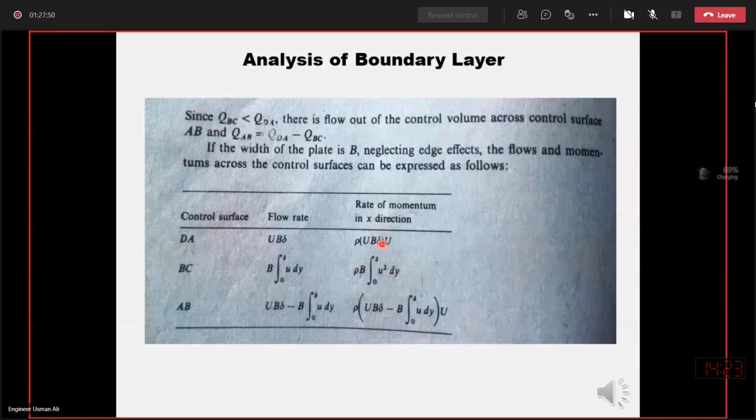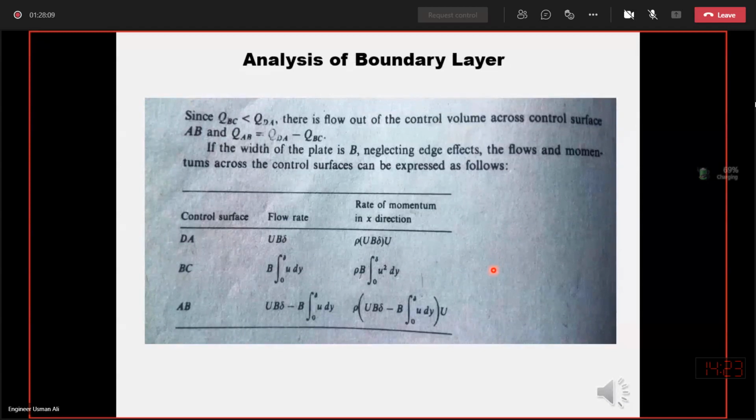What is momentum? Remember, momentum is actually mass flow rate into velocity.